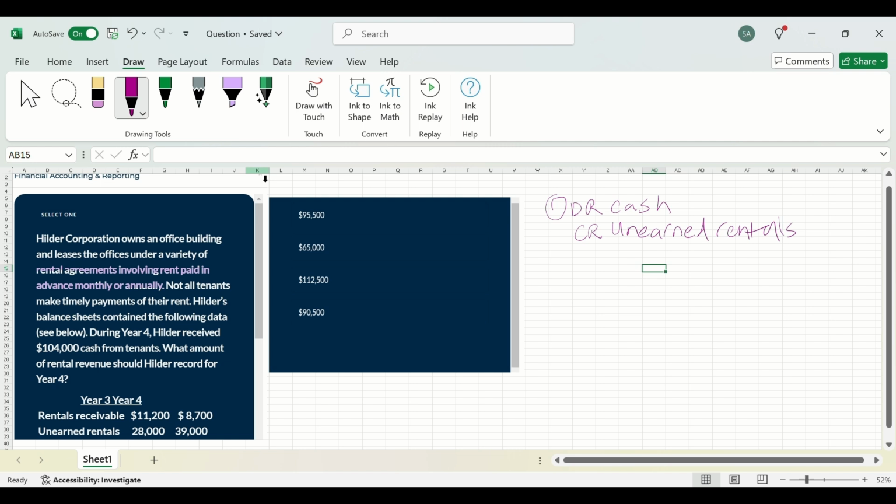Not all tenants make timely payments of their rent. This will involve the following journal entries.